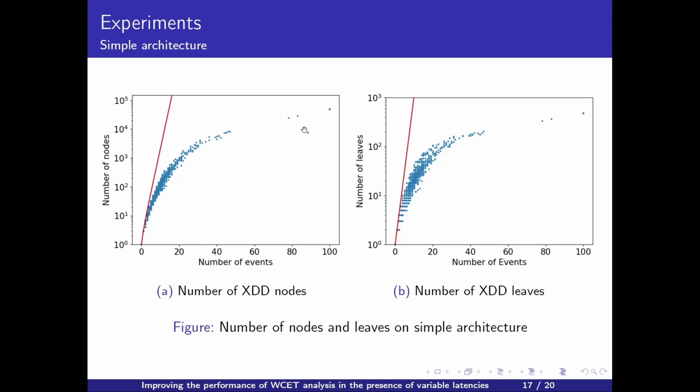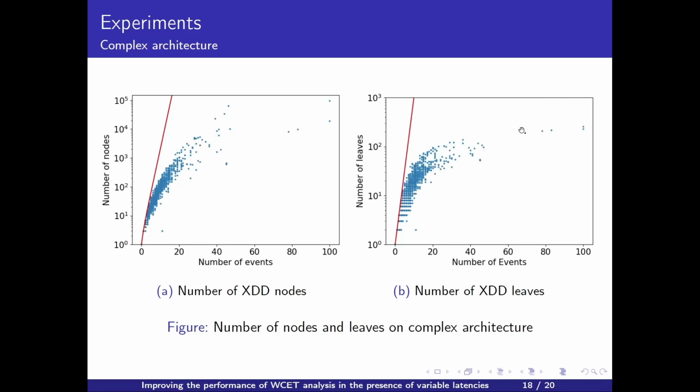Each blue point represents the analysis of one basic block, and the red line represents the case where we have no simplification at all, so 2 to the power of the number of events. It's clear that XDD reduces its size impressively. It has only 10,000 nodes and thousands of leaves when the number of events reaches 100.